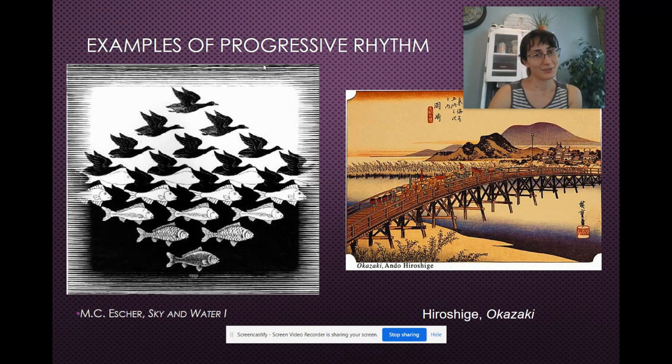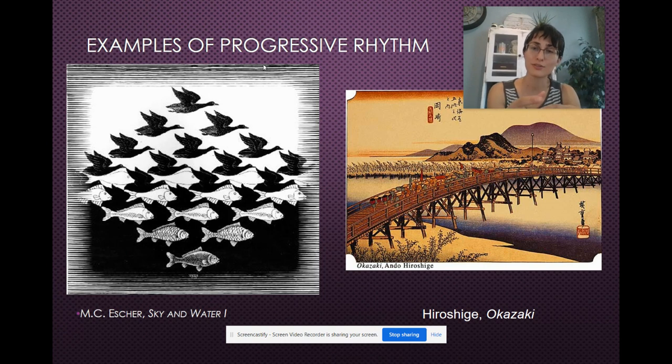I really like the example on the left here. If you look at that bird, I want you to follow that bird all the way down, and you'll see that pretty soon it's not a bird, it's a fish. Pretty cool artwork, right? I don't even know how you begin to do something like this, but you can see that the bird doesn't just transform into a fish all of a sudden. It's a very slow change.